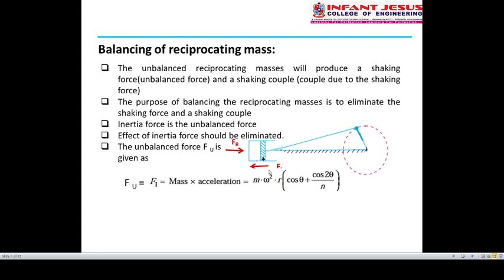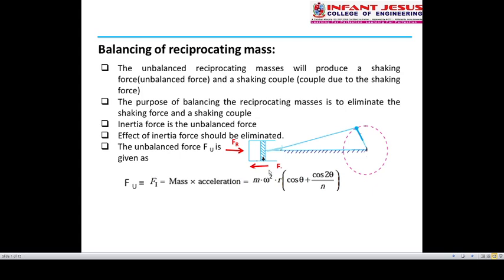I think you remember this equation from the first unit for finding the inertia force. What is m? M is the mass of the reciprocating parts. Omega is the angular speed of the crank, and r is the radius of the crank.